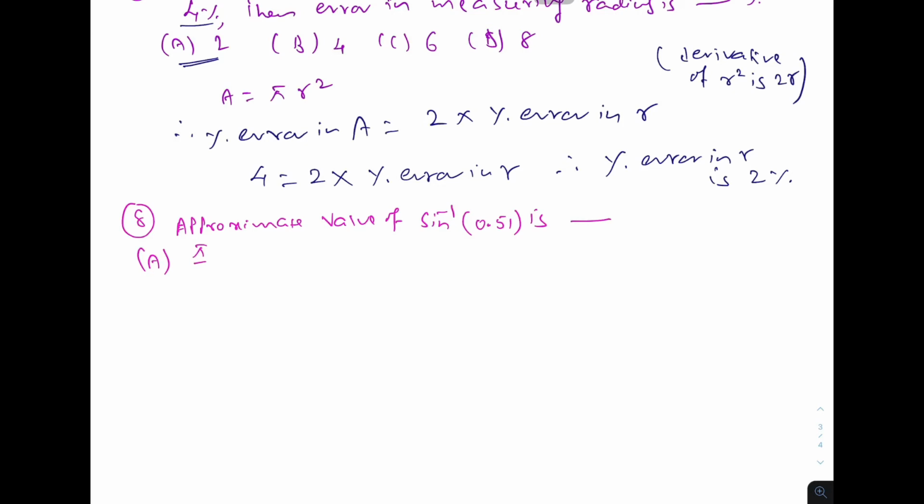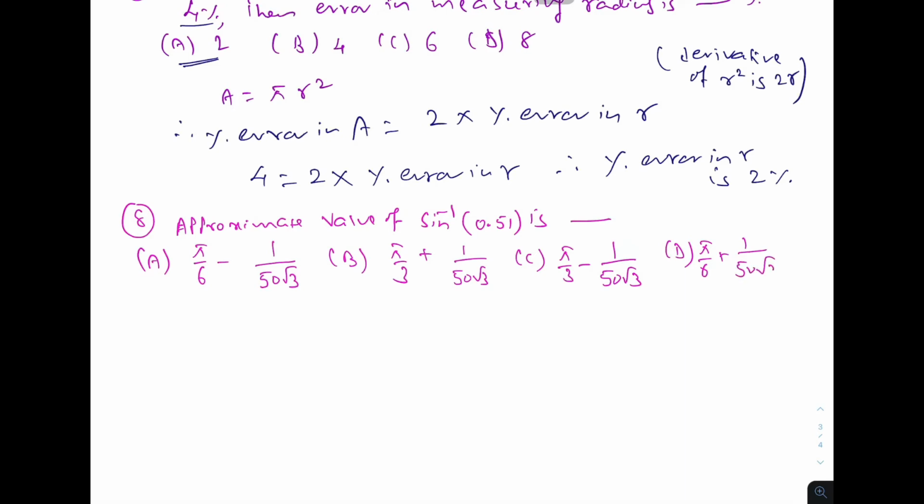Options are pi by 6 minus 1 upon 50 root 3, pi by 3 plus 1 over 50 root 3, pi by 3 minus 1 over 50 root 3, pi by 6 plus 1 over 50 root 3.